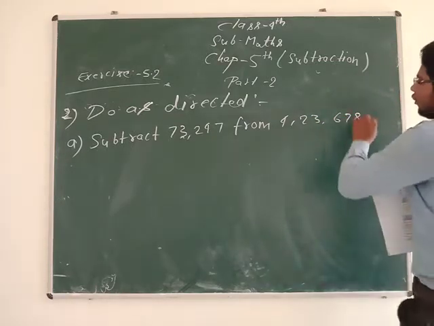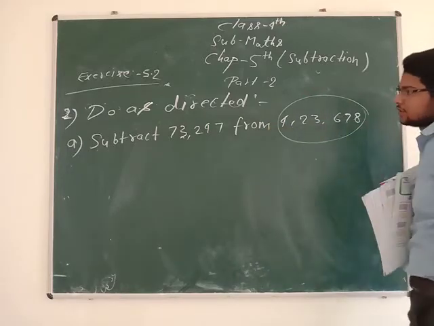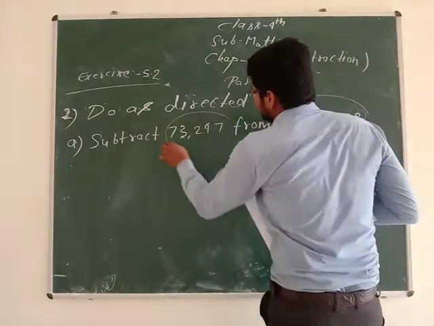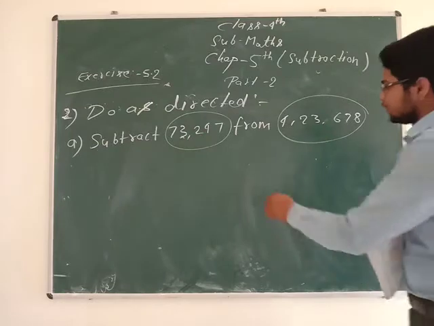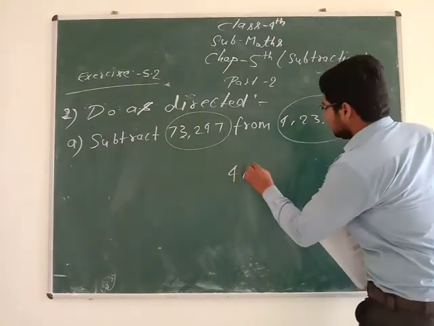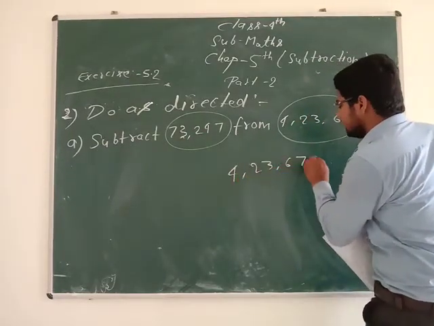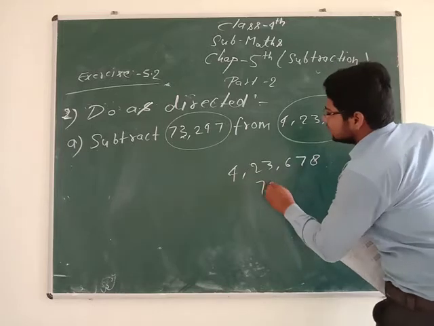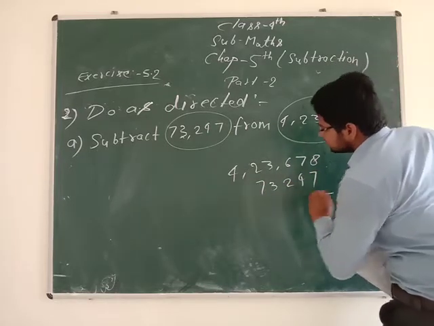It means from 4,23,678 we have to subtract 73,247. So my minuend is 4,23,678 and the subtrahend is 73,247.